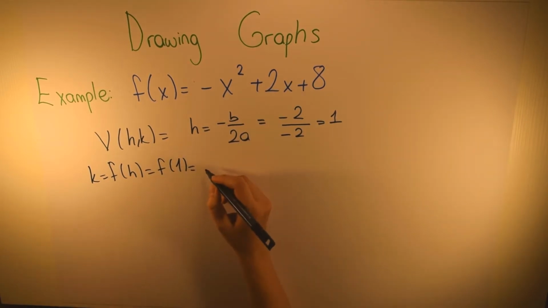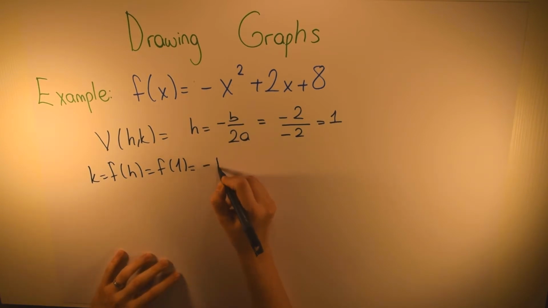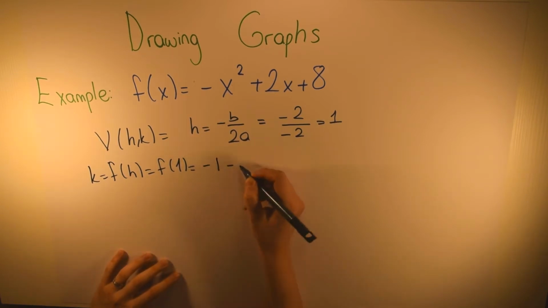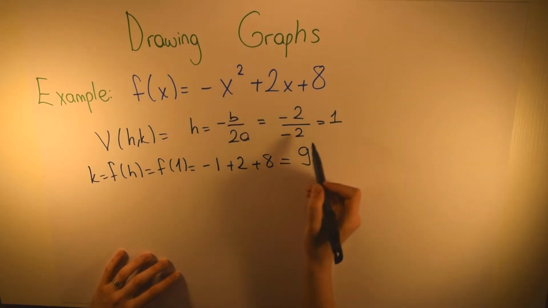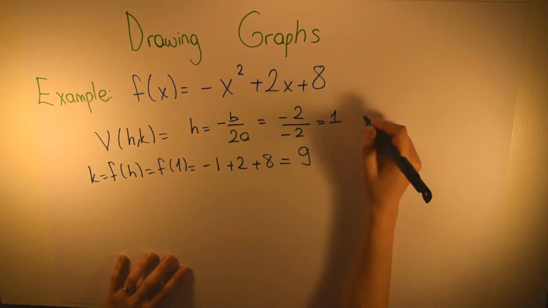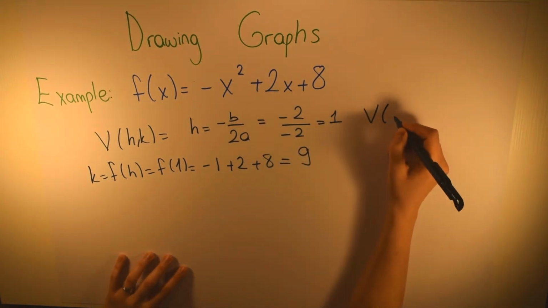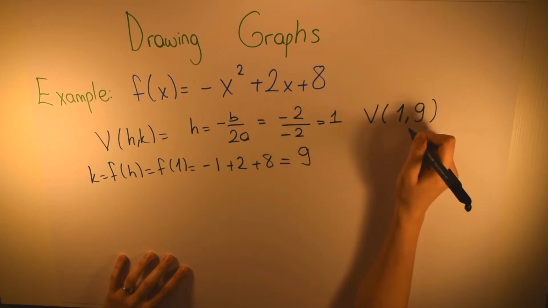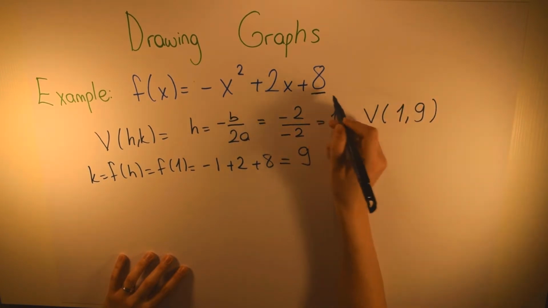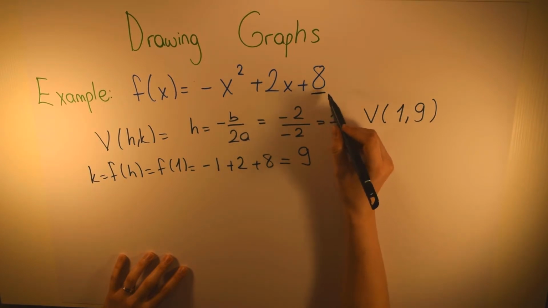When I put 1 instead of x, it's -1 + 2 + 8, which is equal to 9. So our vertex point is (1, 9), okay? After that, we know our constant term, 8, which is our y-intercept.